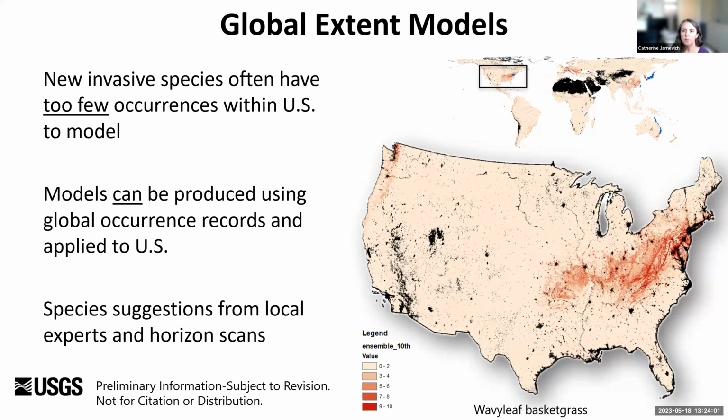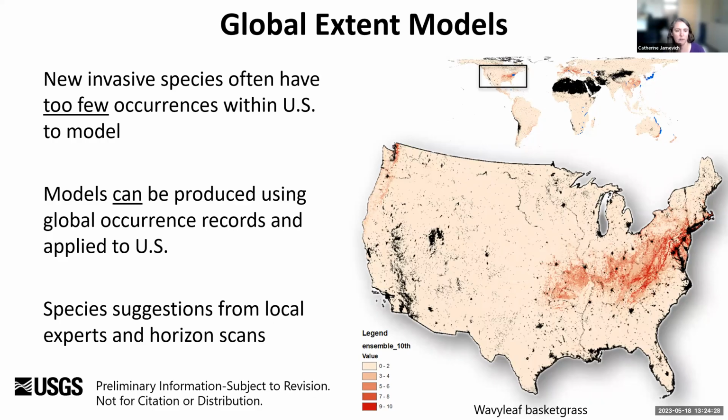For global extent models, there are a lot of new invasive species that often have too few occurrences within the US to model. Wavy leaf basket grass was one species that was requested back in 2019 as a species to model, but there are not enough occurrence locations within the US yet to develop a good model.